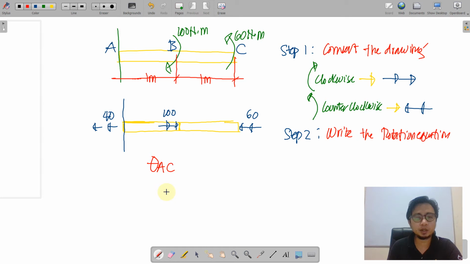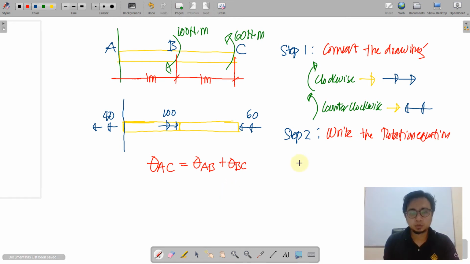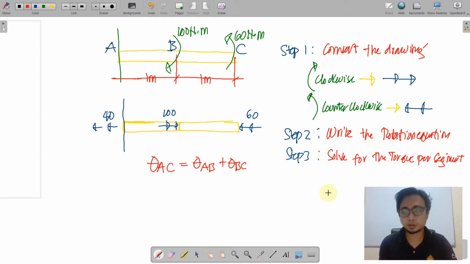And this shall be equated to the sum of the angle of twist at AB and the segment BC. So proceeding to the third step, we are going to solve for the torque per segment. How to do that? By method of sections.